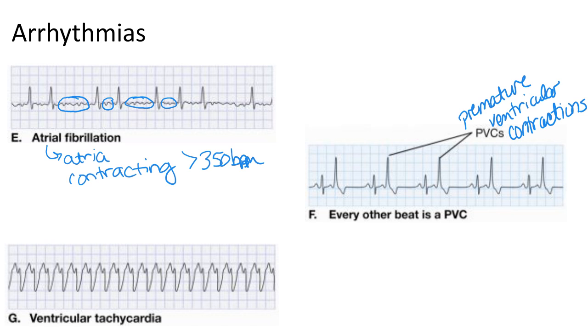Okay, so what's happening with these is that the ventricle is contracting too soon. So that's where my premature ventricular contraction is happening. So the ventricle is contracting too soon. And so I'm getting basically these extra QRS complexes closer to the previous one than I should have.